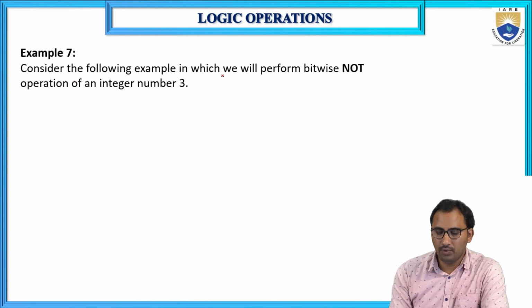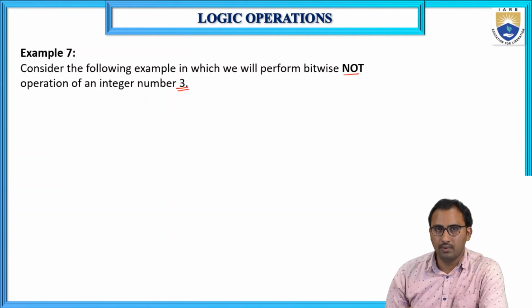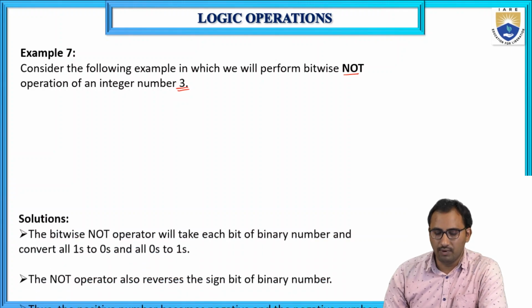Consider the following example in which we will perform the bitwise NOT operation on an integer number 3. First we have to convert the number 3 into binary. The binary equivalent is 0011.